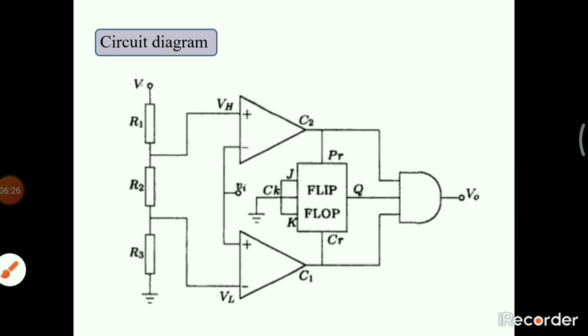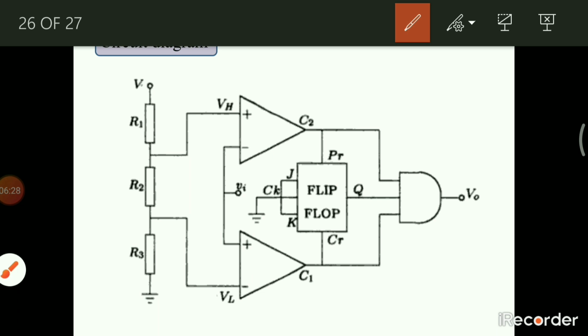Now the circuit diagram. This circuit diagram consists of two comparators. These are the two comparators. Then Vi is the input voltage. This is VCC. At this terminal we have the VH value, that is the higher voltage level. At this terminal we have the VL value, the low voltage level.